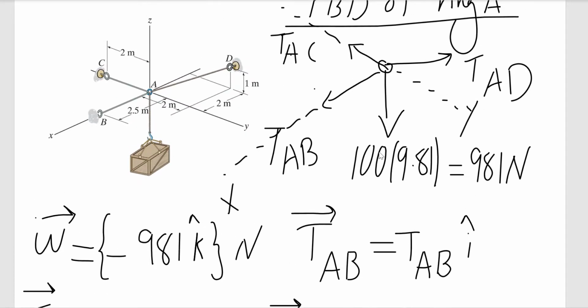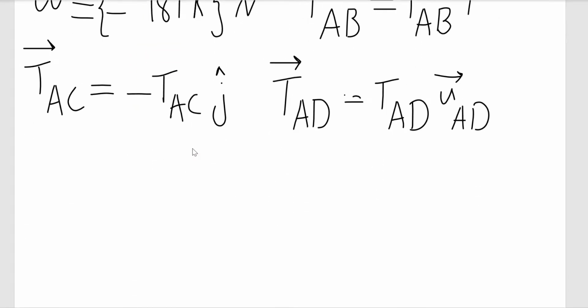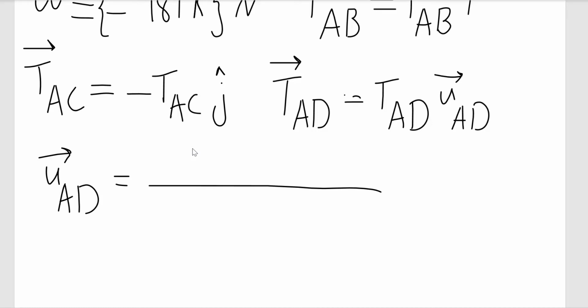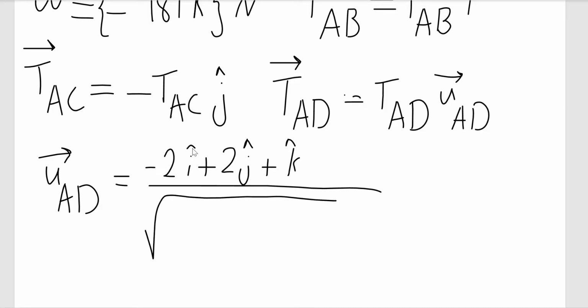It is the position vector divided by its magnitude. And what is the position vector? The coordinate of D minus the coordinate of A. So if I want to write UAD, the unit vector from A to D, it would be the position vector from A to D. From A to D, I'm going 2 meter to the negative X direction, 2 meter positive Y, and then 1 meter K. I have to divide it by its magnitude to get a unit vector.